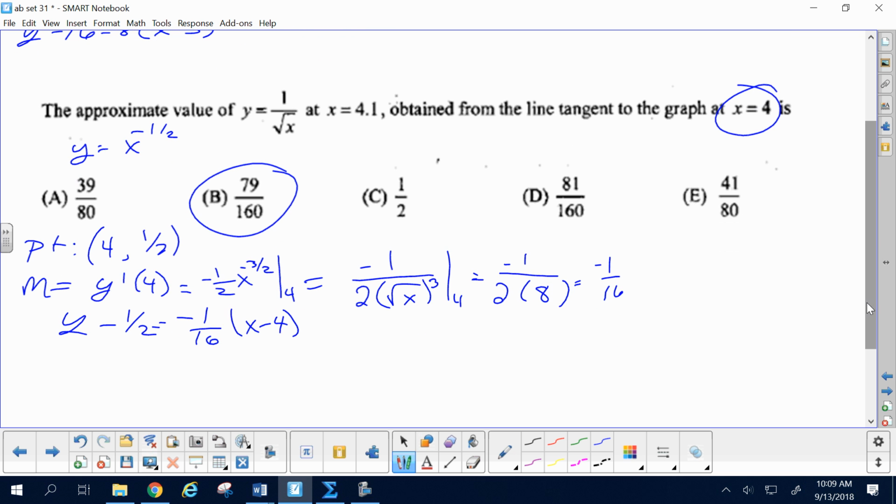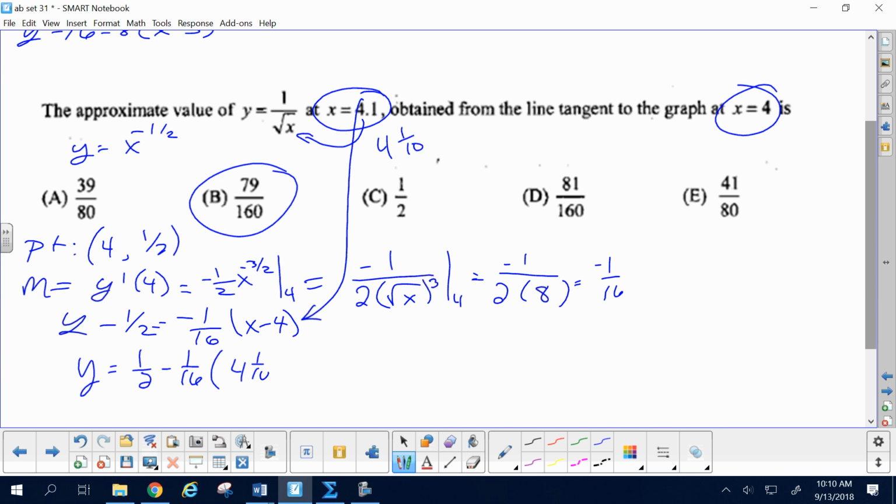Last but not least, then the question. They want you to estimate what this curve would be at 4.1. I definitely don't want to put 4.1 into there, so instead we're putting 4.1 into the tangent line we just made, because tangent lines are easy to use. Y equals 1/2 minus 1/16 times (4 and 1/10 minus 4), since I have fractions going on.